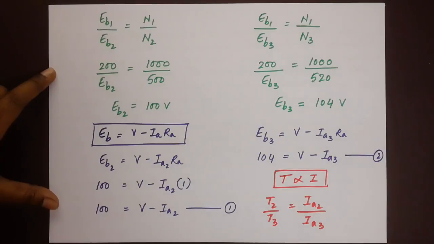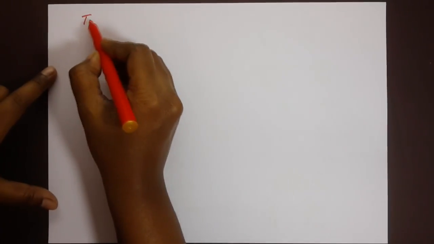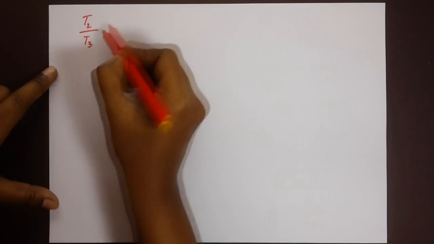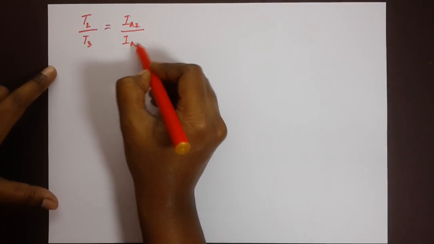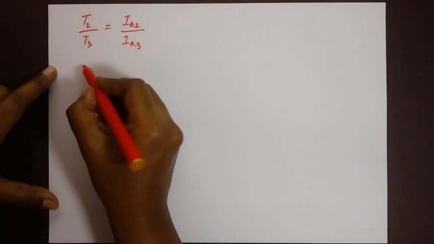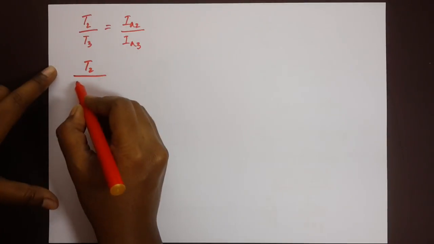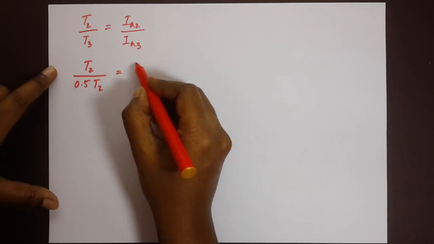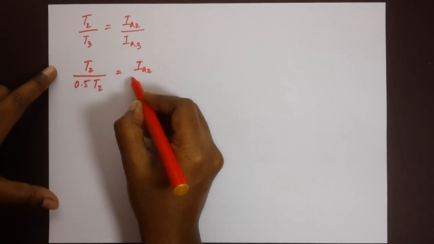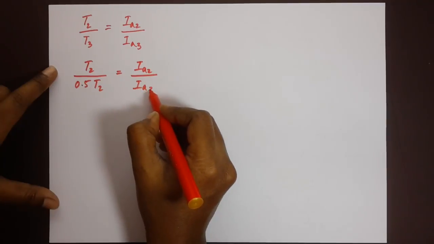Let me just grab another sheet of paper and we'll continue. Right, so we have now T2 by T3 is equal to IA2 by IA3. Okay, let's substitute. We have T2 divided by 0.5 T2, that's T3, is equal to IA2 by IA3.